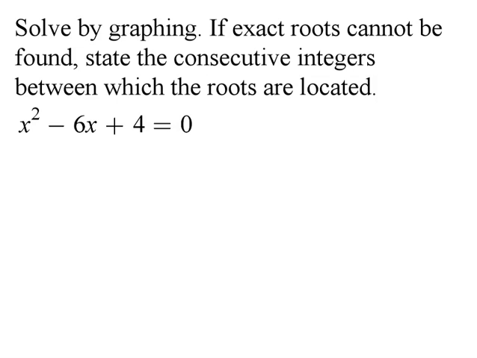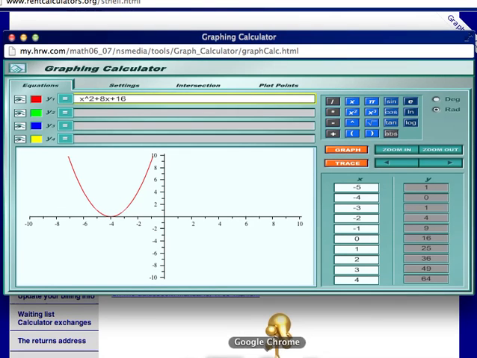Okay, so go ahead and do x squared minus 6x plus 4. So once again, if you look, it doesn't cross exactly at a number.